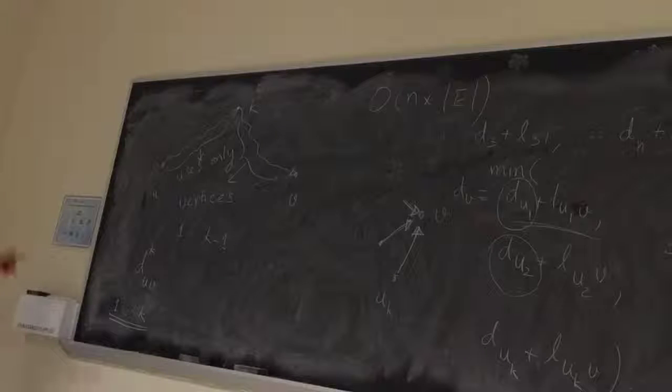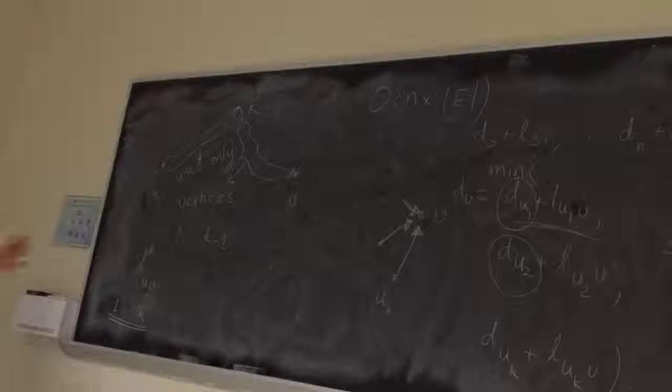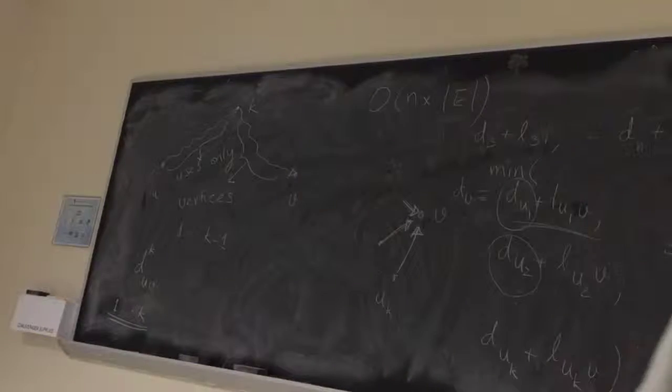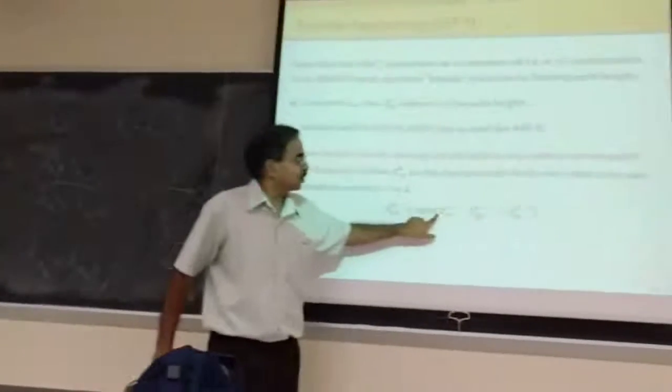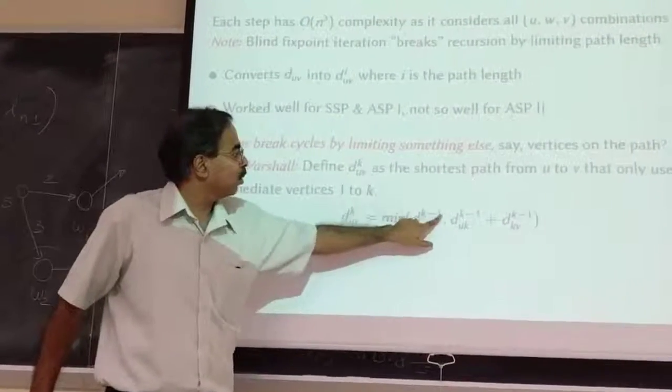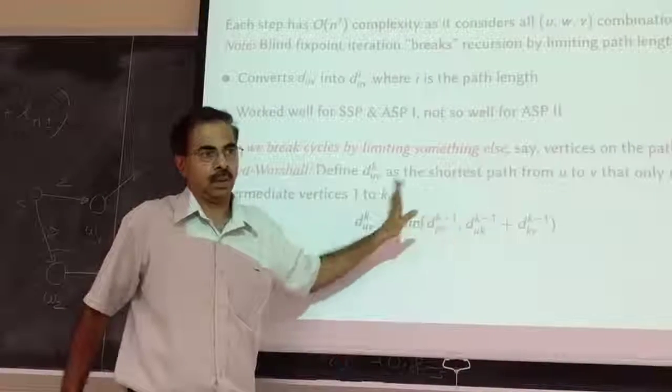So then there are two choices. One is that the shortest path doesn't even have to go through k. Okay? So that's what this one says, right? Maybe you don't have to use k, so you can already get the shortest path from u to v by going only up to vertex k minus 1.